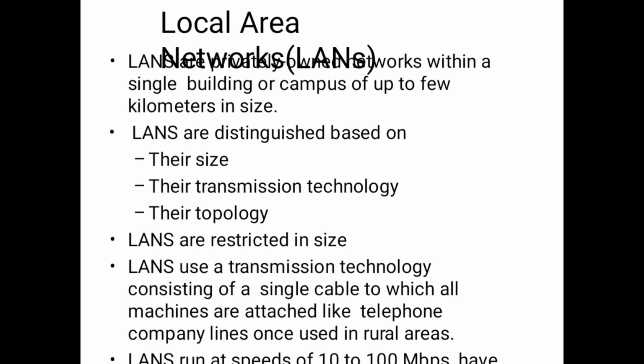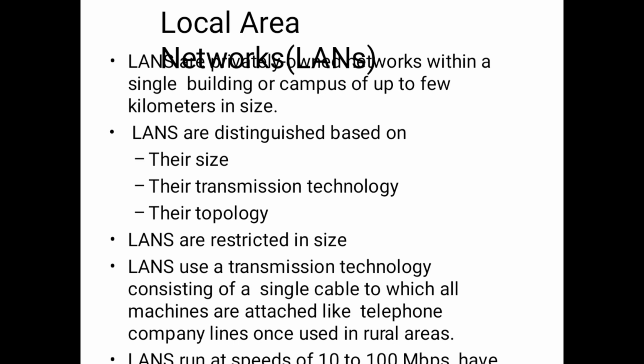Coming to the local area network. Here the local area networks, which we are calling LANs, are privately owned networks within a single building or campus of up to a few kilometers in size. The LANs are distinguished based upon their size, their transmission technology, and their topology.